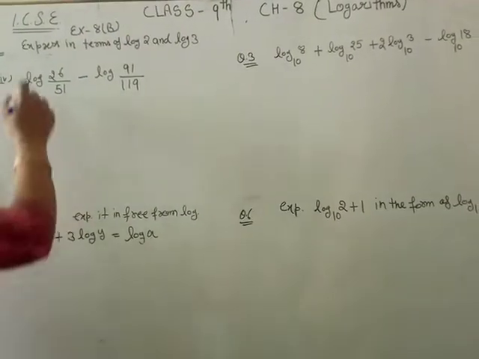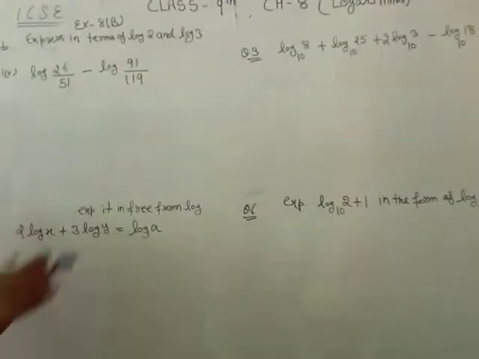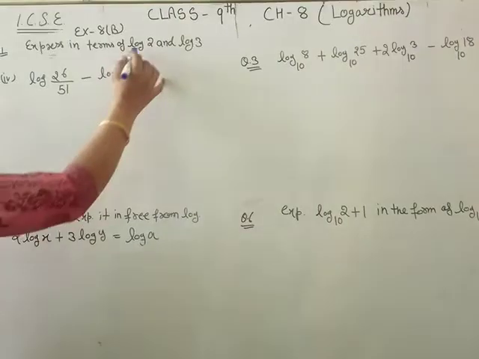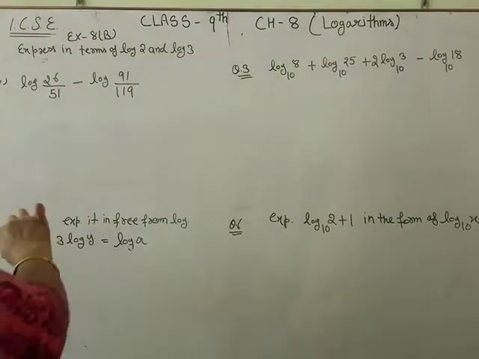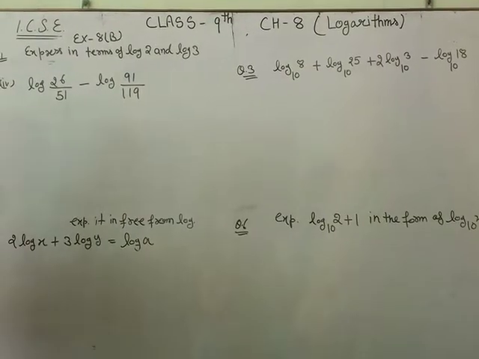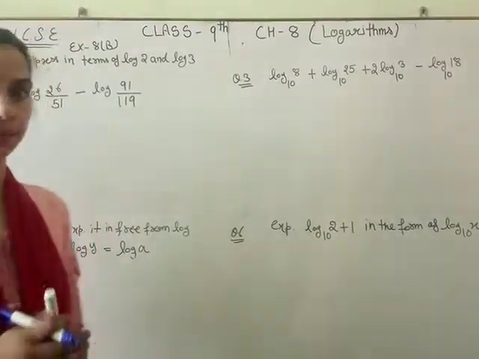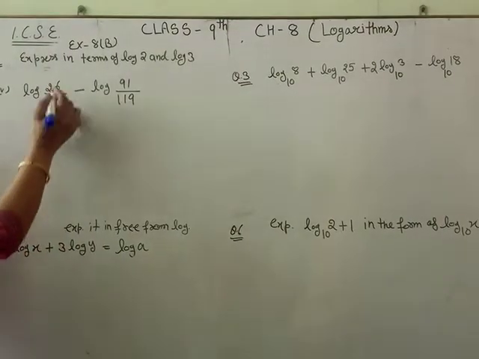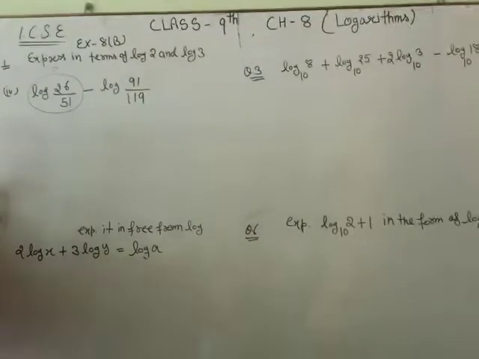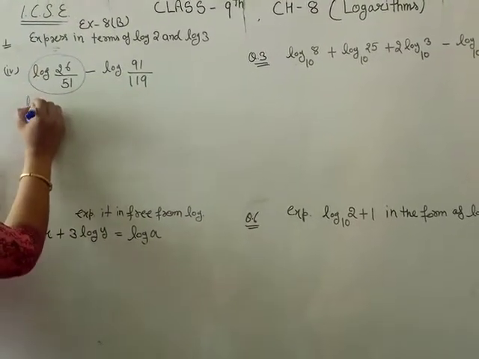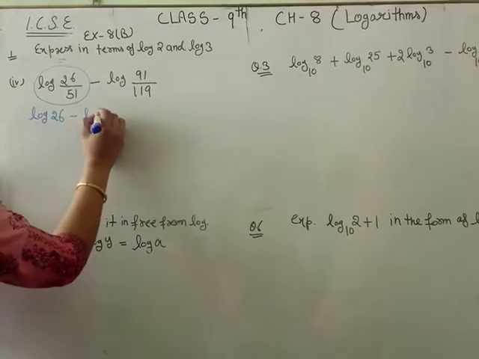Question number one: express in terms of log 2 and log 3. Students, first we use our three laws: product law, quotient law and power law. First we apply the quotient law and write log of 26 minus log of 51.